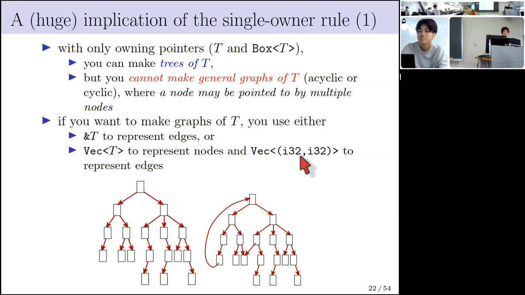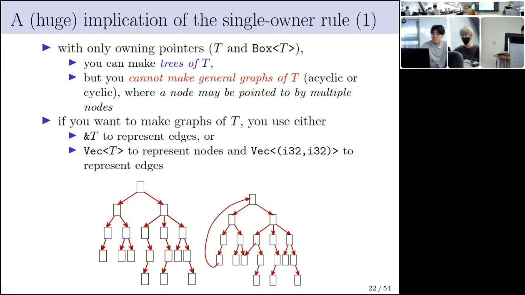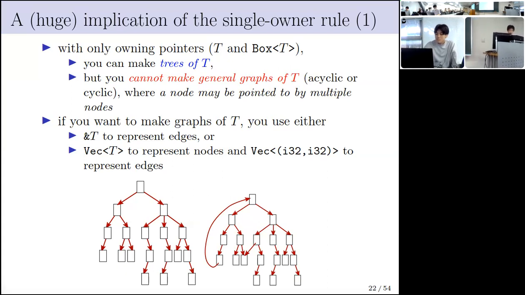Rather than having direct pointers to nodes, this is a somewhat more straightforward way to represent a graph in Rust, or in some other languages too, actually. You don't necessarily have to have direct pointers between nodes to represent a graph. So there's a way around this, but this implication is huge.